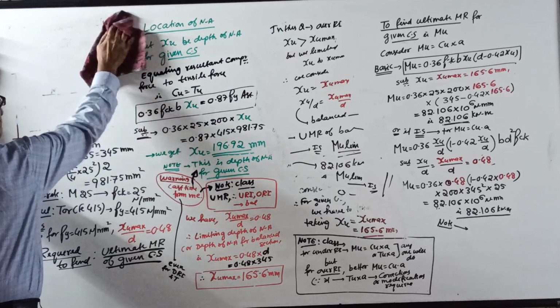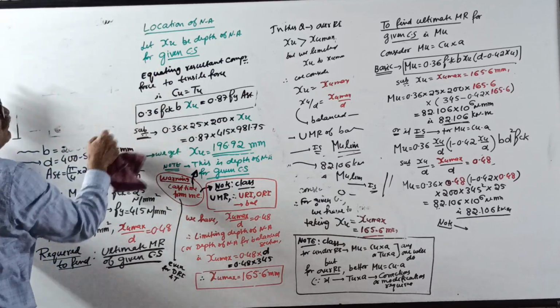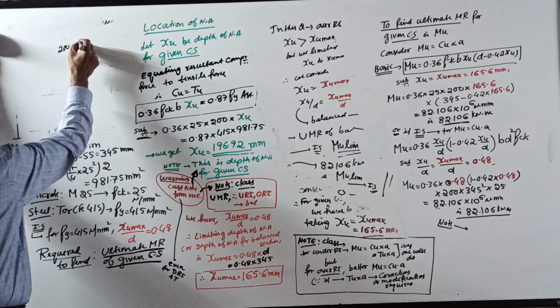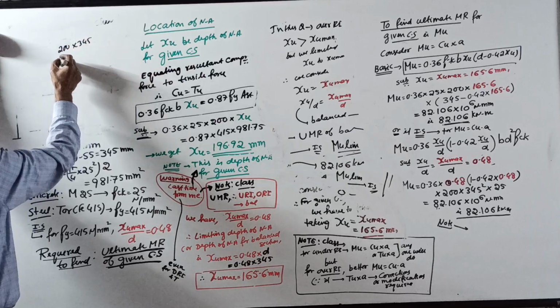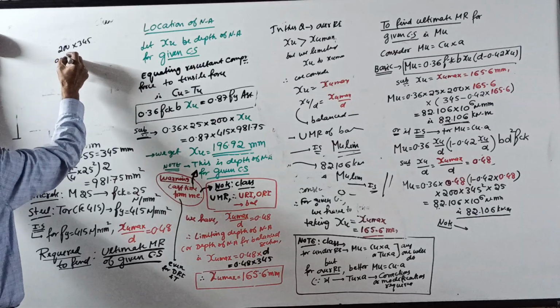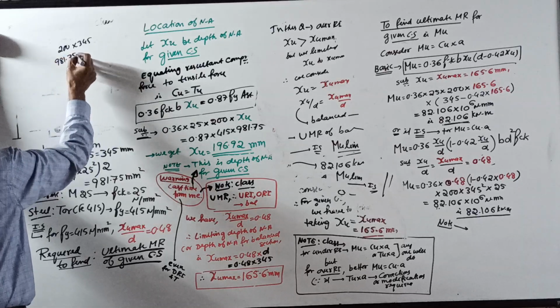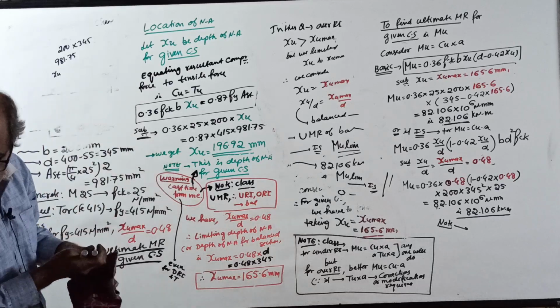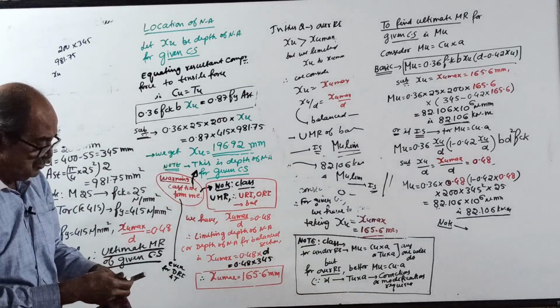I will remember B 200, D 345, Ast 981.75, and your first time Xu, which I used to write in a different color.